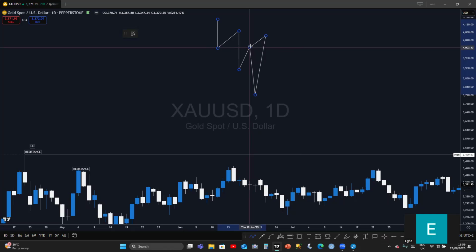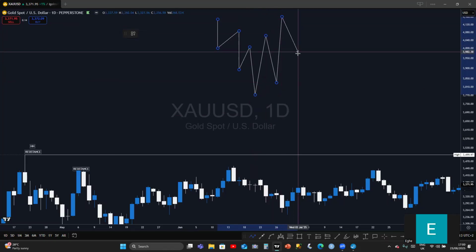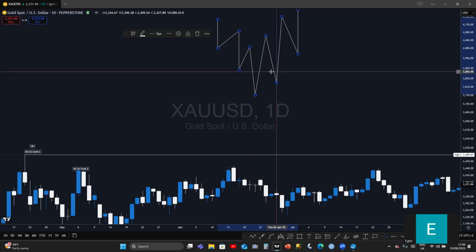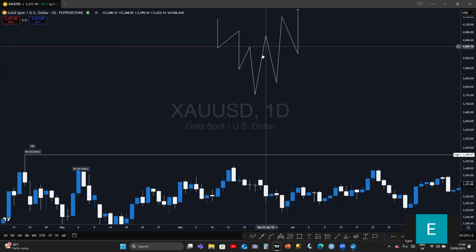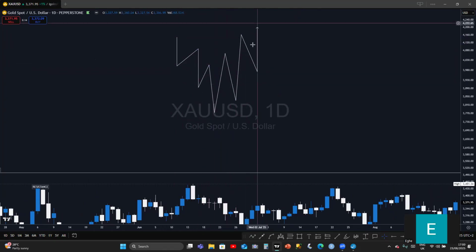Once this happens, watch out, you will see that the next push will not be able to violate this low. Instead of price pushing to the downside, it will not stop here. Price will not break this level again. You now start pushing to the upside. So it has changed right now from the bearish state to now bullish.